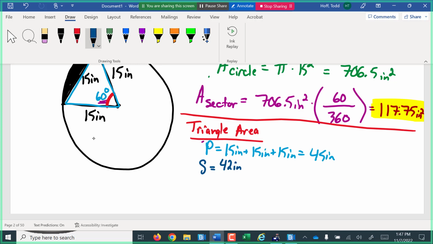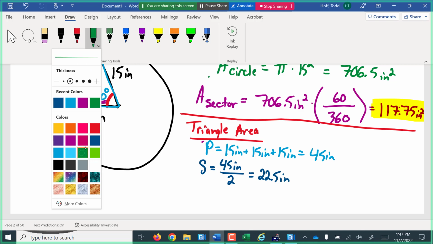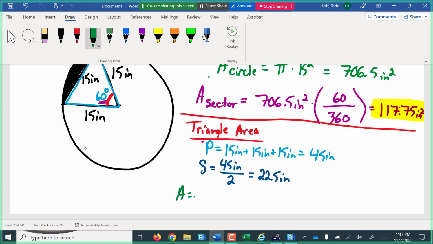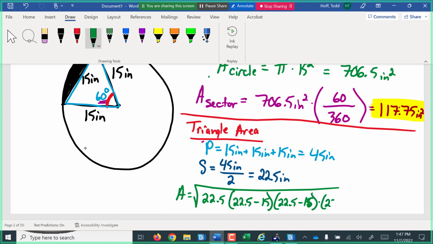What do we do to the 45? Divided by 2. Good. So we get 22.5 inches is the semi-perimeter. So the area will be the square root of 22.5 times 22.5 minus 15 times 22.5 minus 15 times 22.5 minus 15.